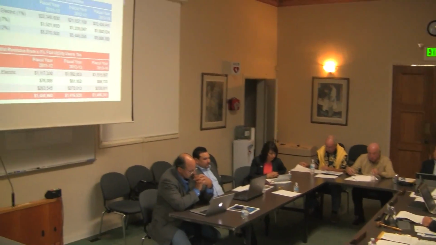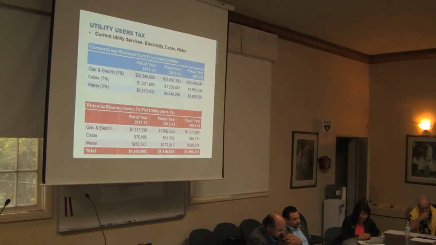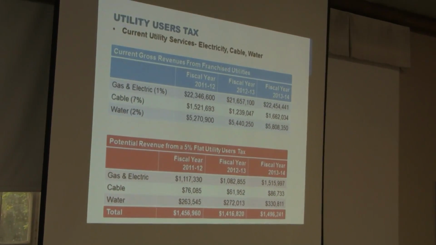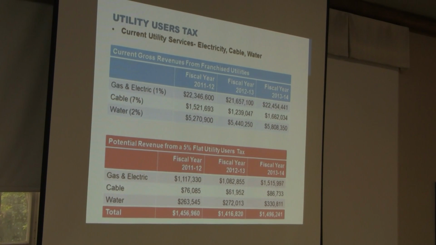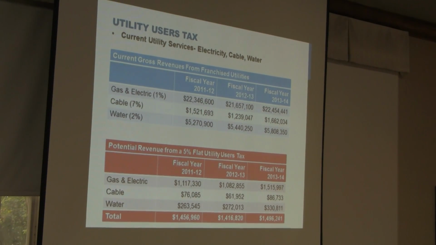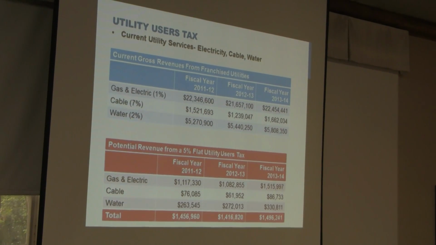We looked at our gross revenues over the last couple of fiscal years for gas and electric, cable, and water. In fiscal year 11 and 12, gas and electric was at 22 million, cable at 1.5, water at 5.2. Going forward, 12 and 13, 13 and 14, you can see the gross revenues on which we receive a franchise fee.